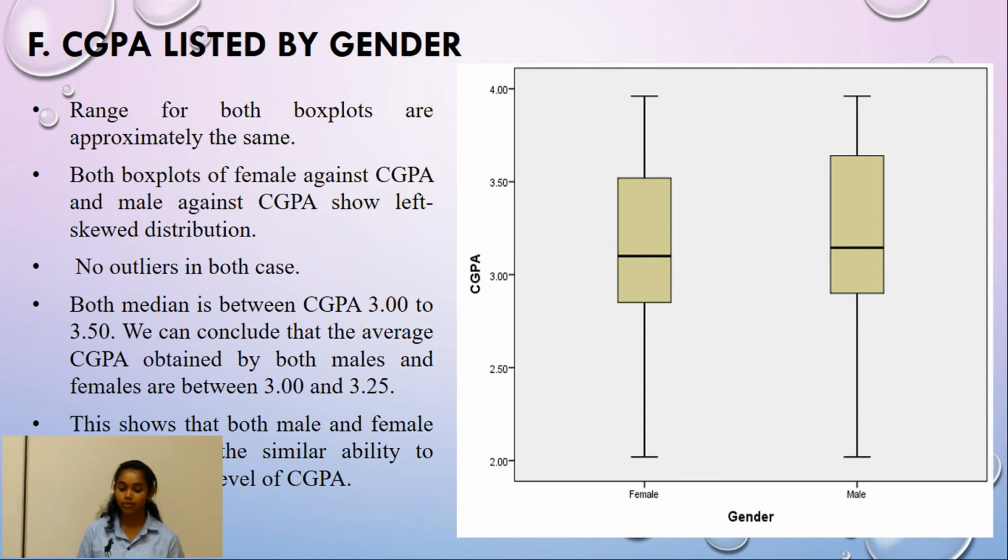Both medians are between CGPA 3.00 to 3.50. We can conclude that the average CGPA obtained by both males and females is between 3.00 and 3.25. This shows that both male and female students have similar ability to score the same level of CGPA.